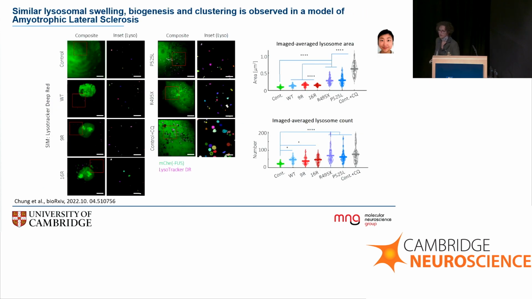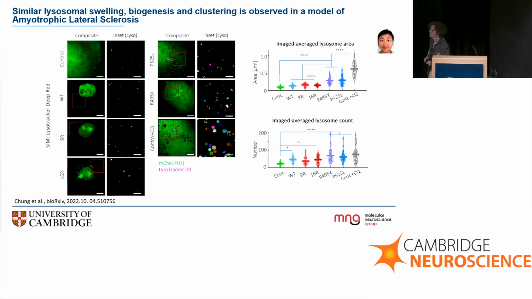Okay, so we thought that was really surprising to see this, because in a previous study that we did, not directly related, this is a model of amyotrophic lateral sclerosis using FUS overexpression.